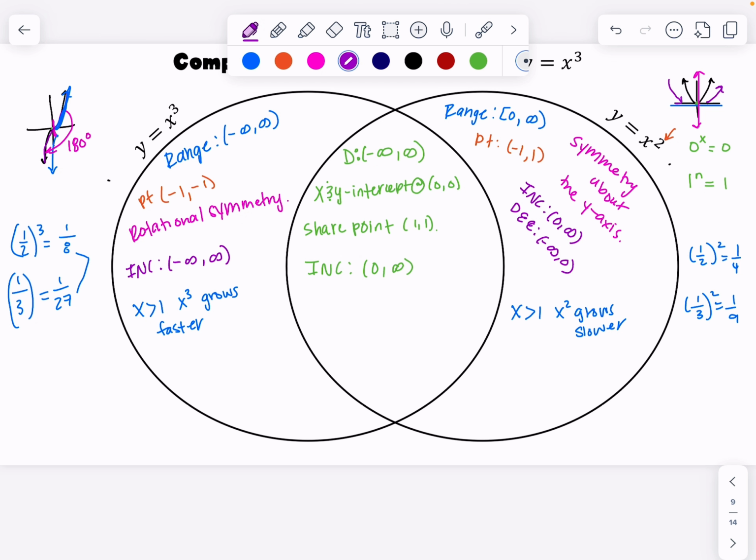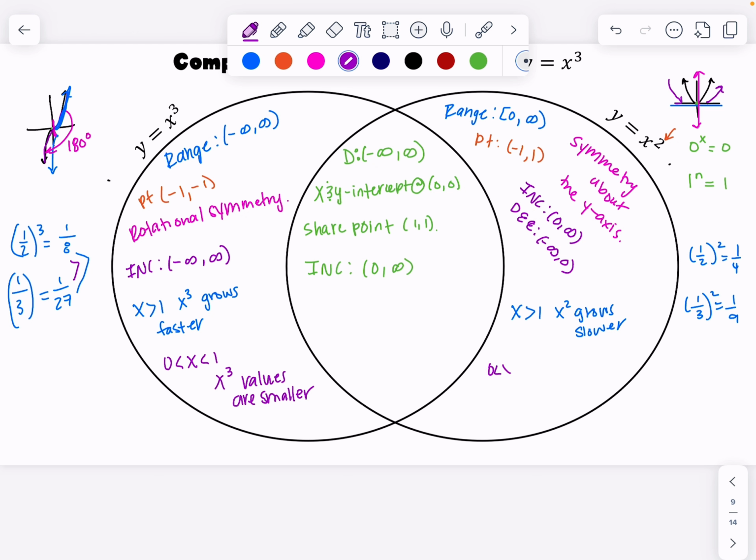And so what we really want to talk about here is that when x is between 0 and 1, the x cubed values are smaller, because they're quickly becoming these small fractions. And we know that when that denominator is large, we're getting closer and closer to 0.